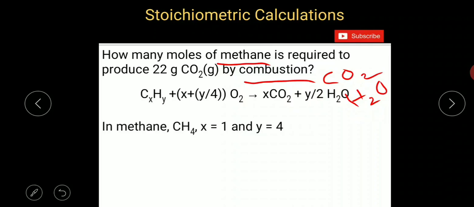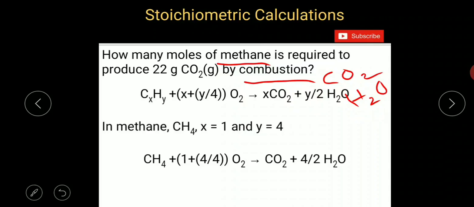In this, the methane formula is CH4, so the x value is equal to 1, the y value is equal to 4. Substitute these values in that general equation, then we will get the equation like this. Then the balanced equation is CH4 plus 2O2 to give CO2 plus 2H2O.